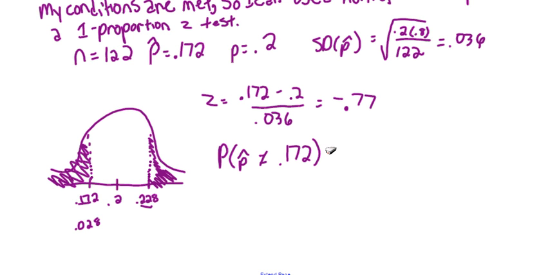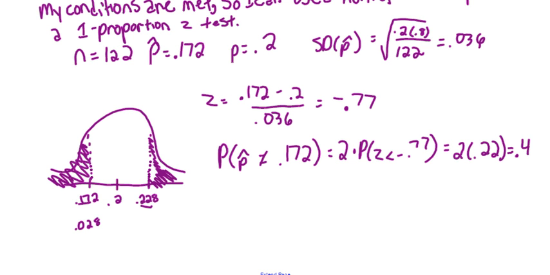So what I'm going to do is find 2 times the probability that my z-score is less than negative 0.77. Instead of writing it out twice and figuring everything out, I'm just going to do it this way. So I'd be taking 2 times 0.22, which is 0.44. So my p-value is 0.44.